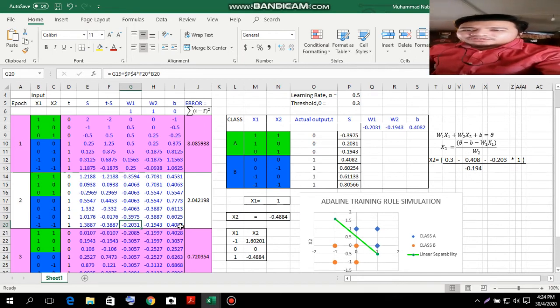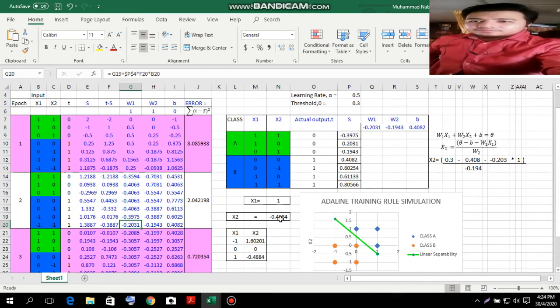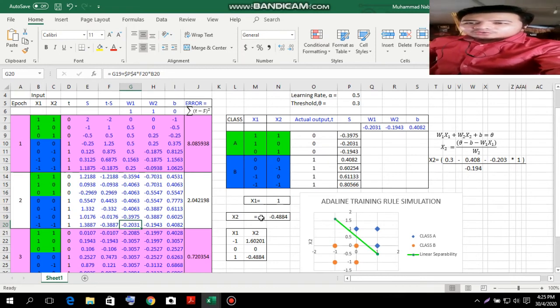Right now I'm pointing at the values, and you can see where I extract the data.